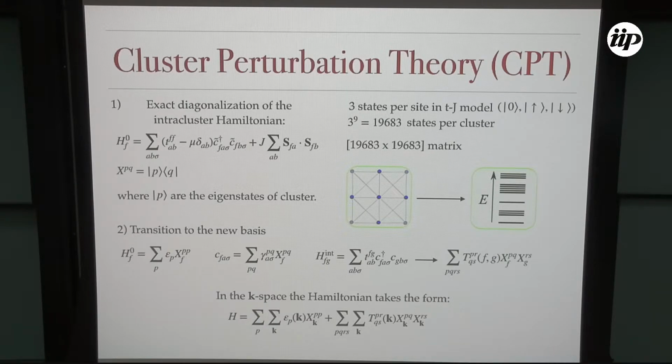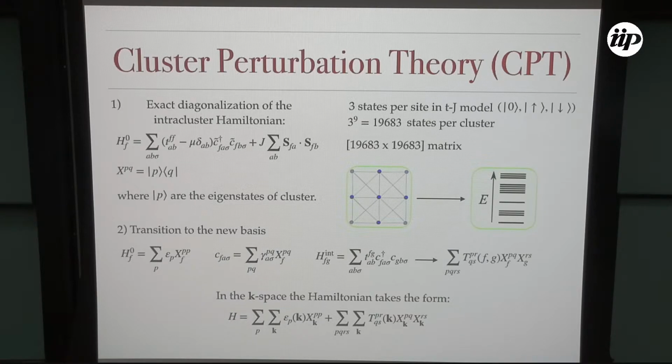This way we replace the cluster which contains some hopping term with a cluster which contains only the diagonal term, but it contains a more complex inner structure.